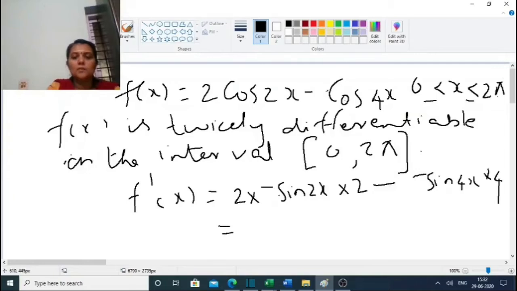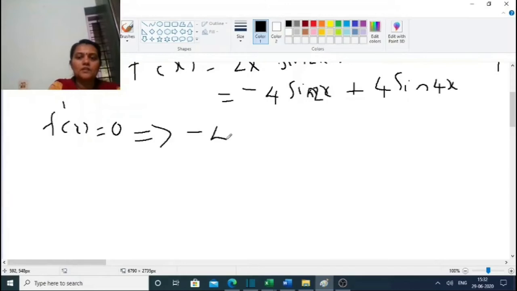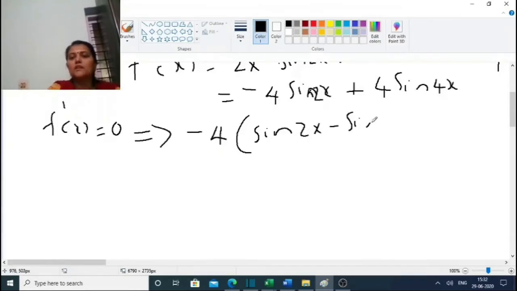That is minus 4 sin 2x plus 4 sin 4x. f dash x equal to 0 implies, taking minus 4 outside, sin 2x minus sin 4x equal to 0.